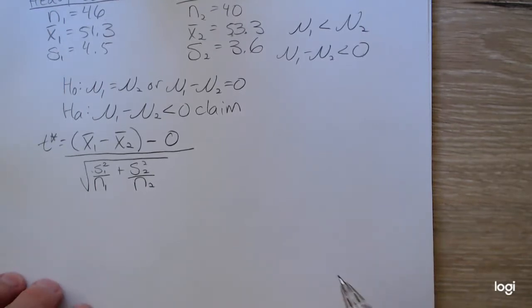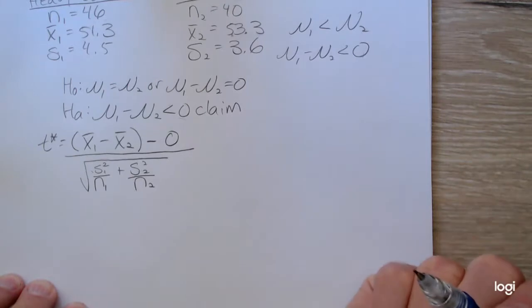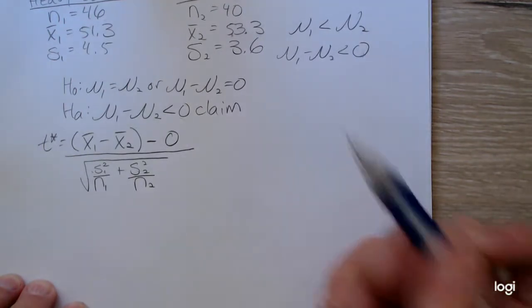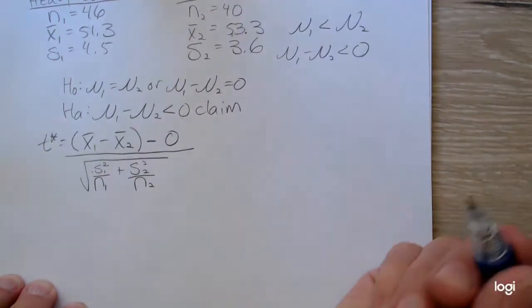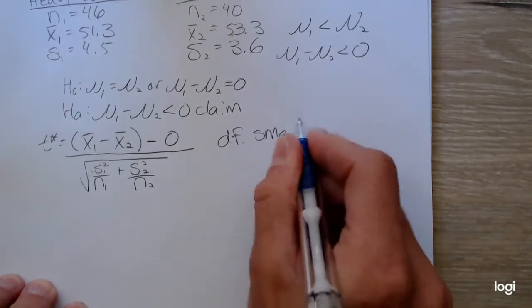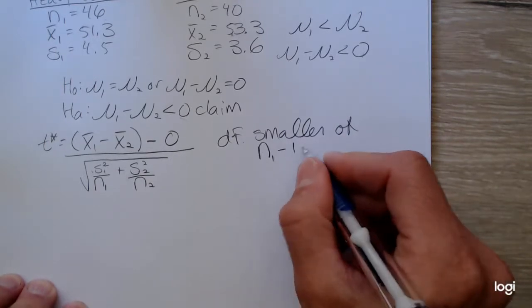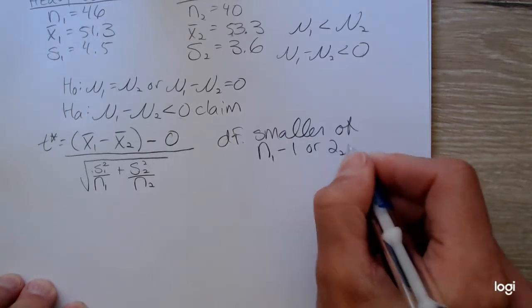Before I do that, though, I'm going to find the critical value. I will have only one because this is a lower tail test. When we're assuming the variances are not equal, for the degrees of freedom, we're going to use the smaller of n1 minus 1 or n2 minus 1.